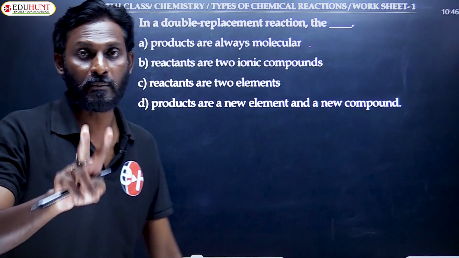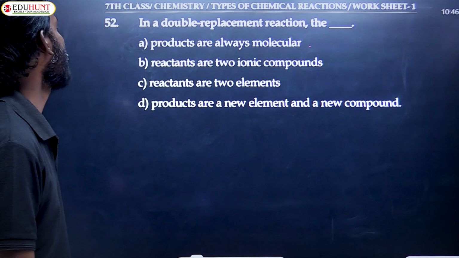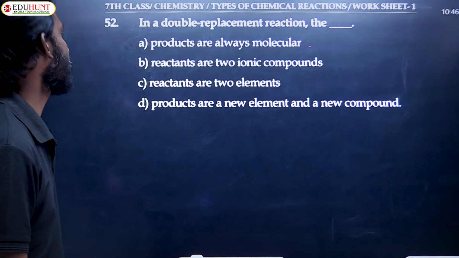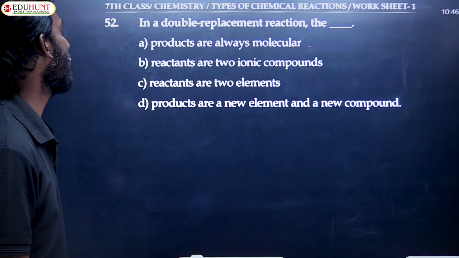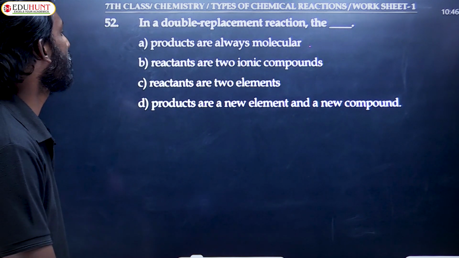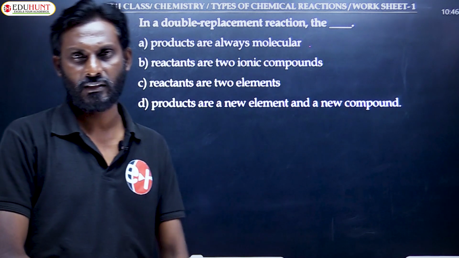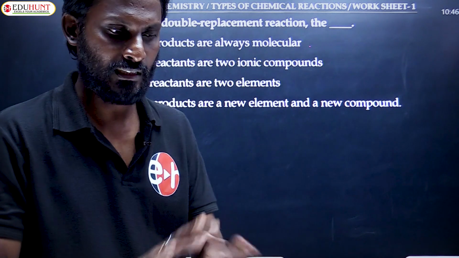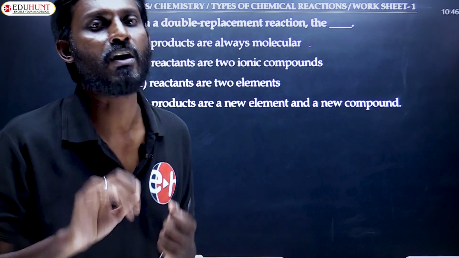Next, in a double replacement reaction, the products are always molecular. Reactants are two ionic compounds. So it is not compulsory. See, in double displacement, reactants are not supposed to be ionic always.